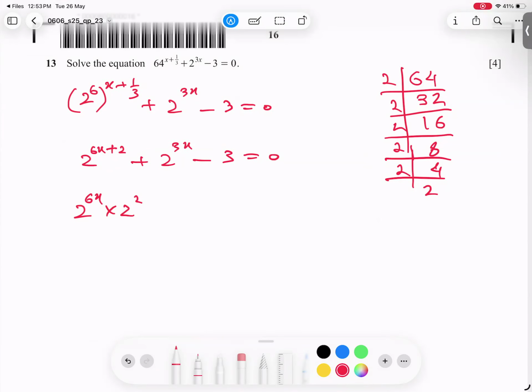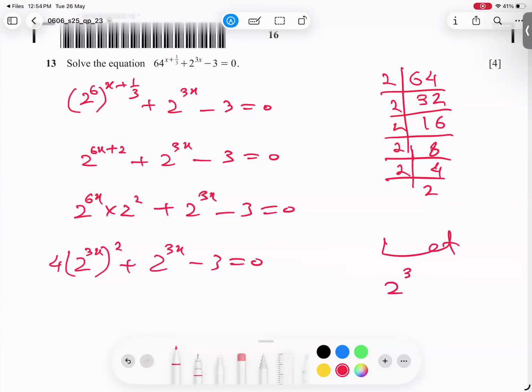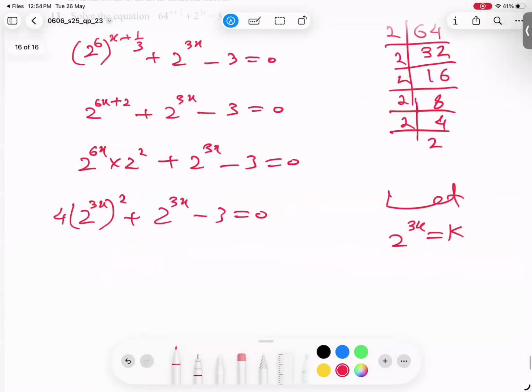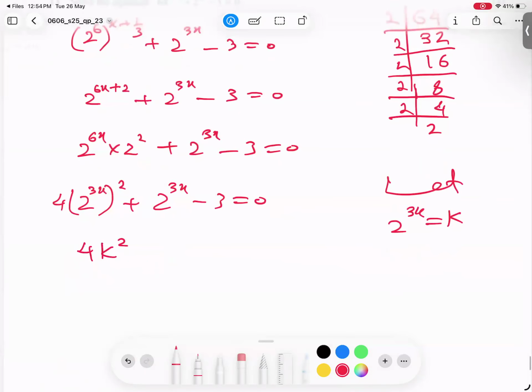And now, what to do, students, here? This is 6x. I have to make it the same format. I can write 3x inside and square on top. And this becomes 4. I can say let 2 to the power 3x equal k. So 4k squared plus k and negative 3 is equal to 0.